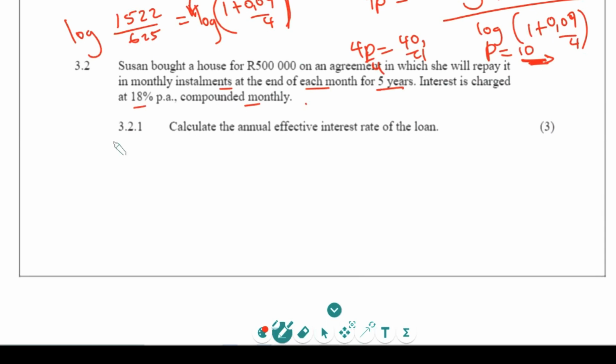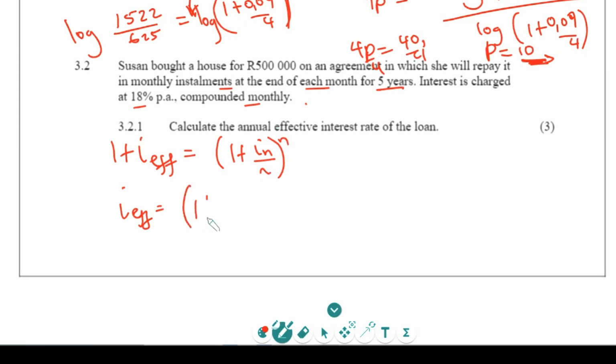From the formula of effective rate, we know that 1 plus i effective should be equivalent to 1 plus i nominal over n, to the exponent of n. Since we're looking for the effective rate, we'll transpose this one to that side as I do the substitutions. So that's 1 plus this 18% is our nominal rate, so it's 0.18.